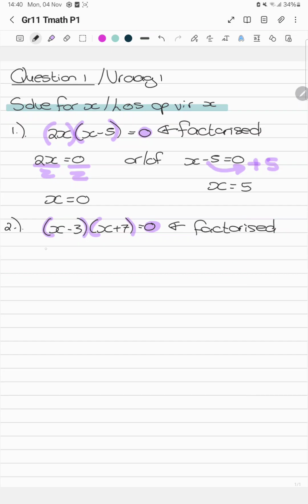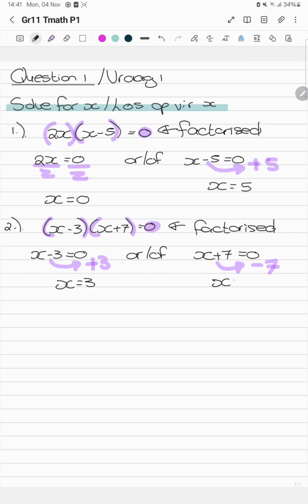I put my first bracket, x minus 3, equal to 0, or my second bracket, x plus 7, equal to 0. Then I get x alone: I take the negative 3 over, it becomes plus 3, so x is equal to positive 3, or I take over my plus 7, it becomes minus 7, so x is equal to negative 7.